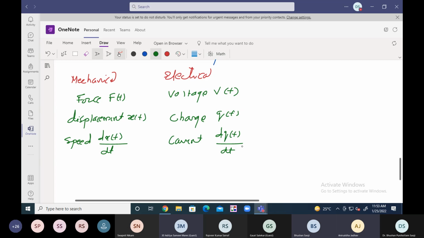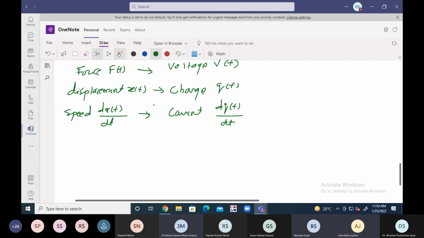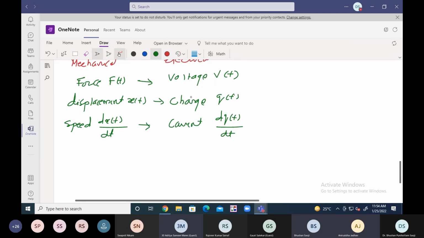Rate of change of charge is nothing but the current. So force is equivalent to voltage, displacement to charge, and speed to current. So these are the equivalents.